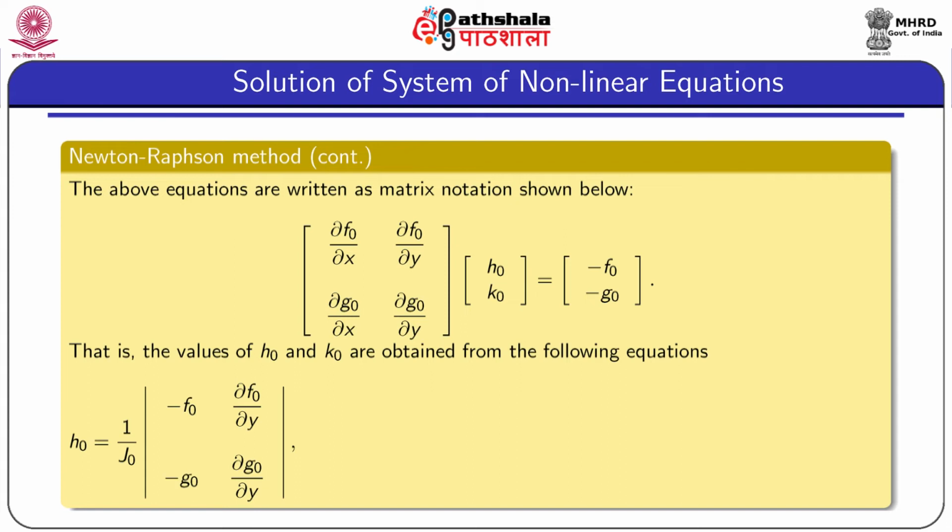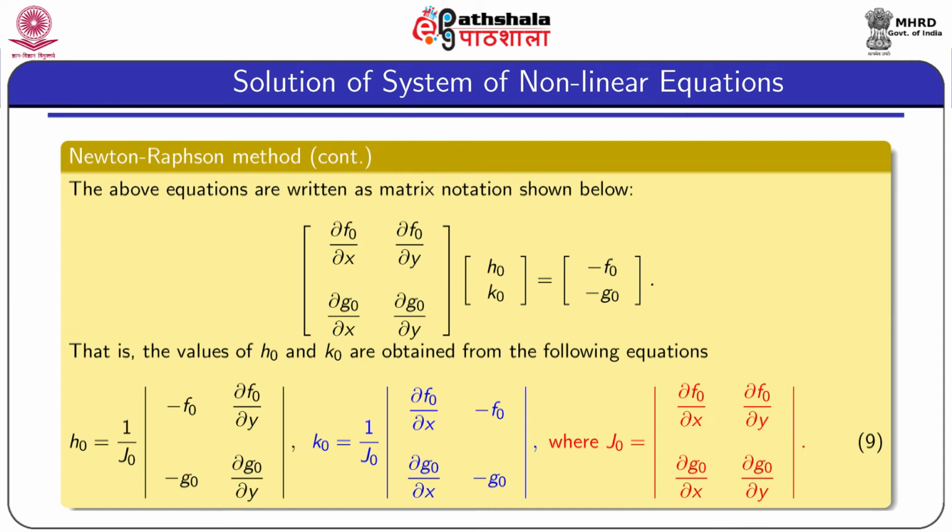Using Cramer's rule, the values of h0 and k0 are obtained as follows: h0 equals 1 by J0 into a determinant of order 2 by 2 whose first column is -f0, -g0, and second column is ∂f0/∂y and ∂g0/∂y. Similarly, k0 is this expression, and J0 is the determinant of the coefficient matrix of order 2 by 2.